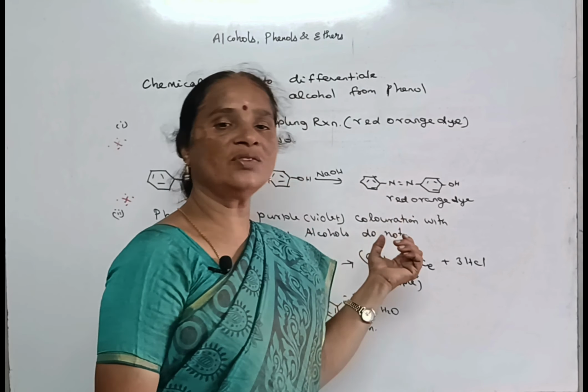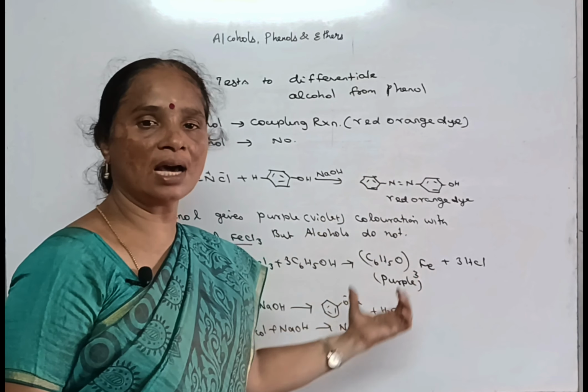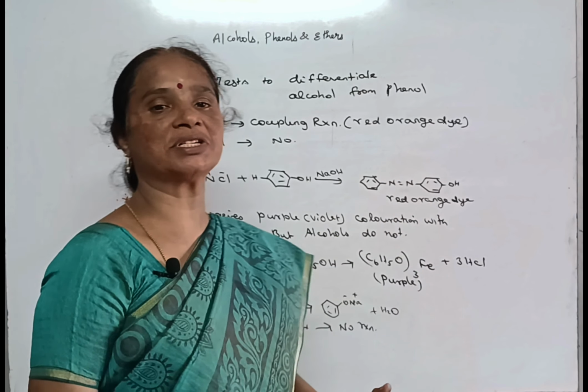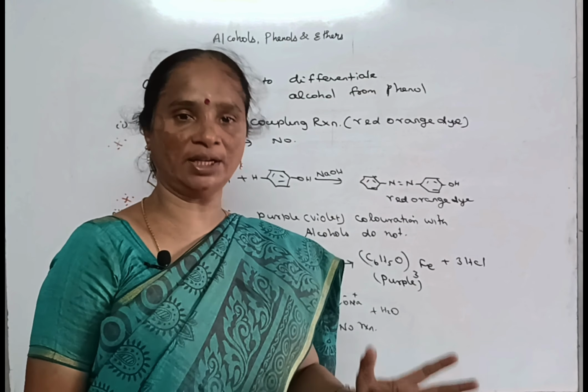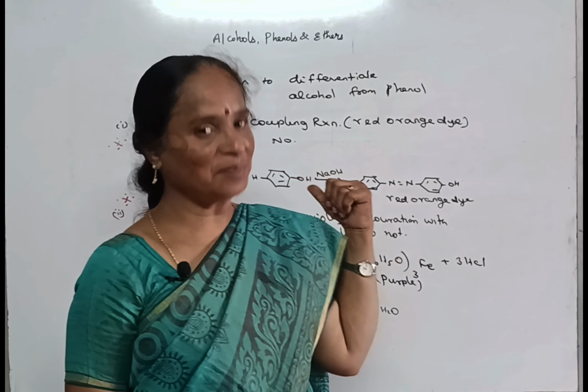Victor Meyer's test, by which the three different types of alcohol are identified depending on the formation of color, that too was discussed. And we also discussed the chemical test used to distinguish alcohols and phenols.